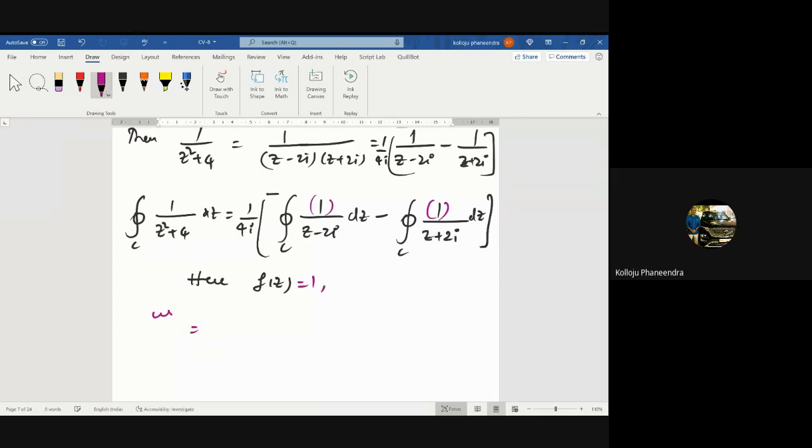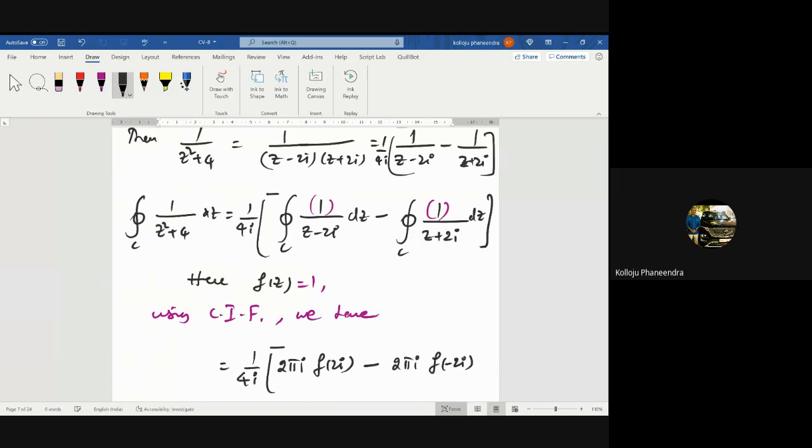So, using Cauchy integral formula, we have, what is this value? This is equal to 1 by 4i. The first one is what? 2 pi i into f of 2i. The second one is what? 2 pi i into f of minus 2i.